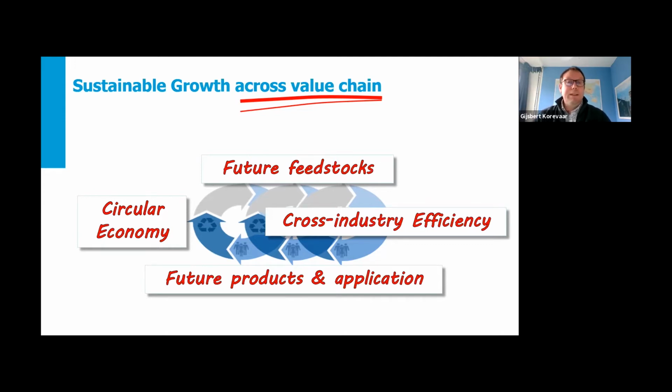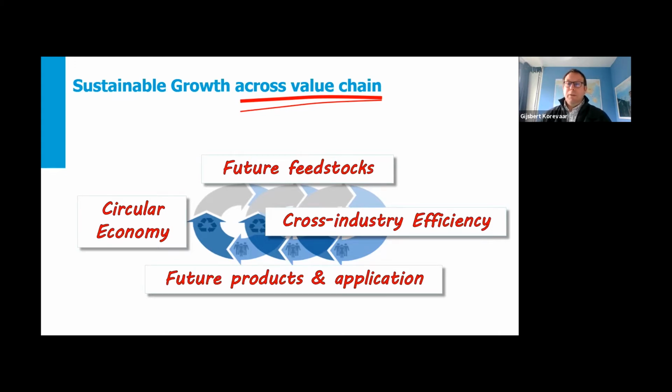And in order to connect the fact that we might want to use future feedstock and might have future products, there's also what we need: cross-industry efficiency. So that industries that are normally in several locations or sometimes just standalone operations also have more of a connection with each other, and that they are able to share resources, share knowledge, share energy, and so on, infrastructures if needed.